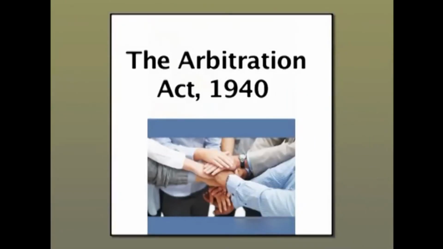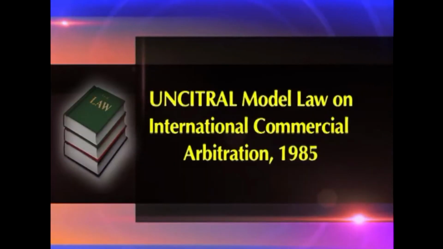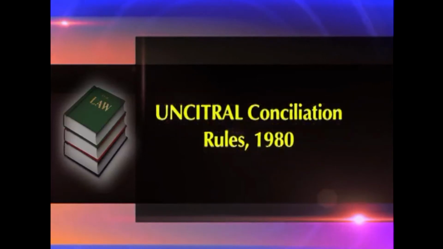The working of the 1940 Act was also criticized in the 210th report of the Public Accounts Committee of the 5th Lok Sabha and the 76th report of the Law Commission of India. In the backdrop of the UNCITRAL Model Law on International Commercial Arbitration 1985 and the UNCITRAL Conciliation Rules 1980, which provide a uniform framework for regulation of arbitration and conciliation, the government was under pressure to amend existing arbitration laws and bring them in line with international practices on the matter.